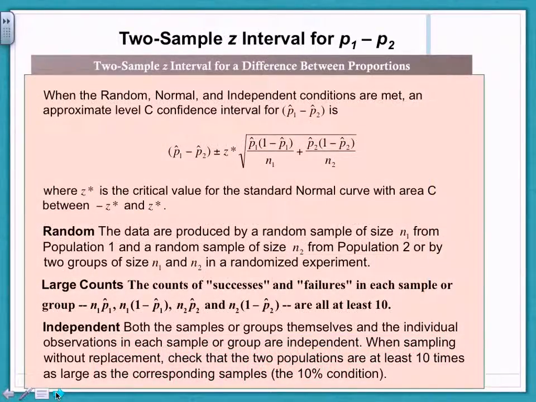This is pretty much just reiterating what was said on the last slide, reminding you that you do have to check your 3 conditions to be able to run a confidence interval. And with your large counts, checking to see if it's normal, you have to do that for both groups, just like I did in video 1.